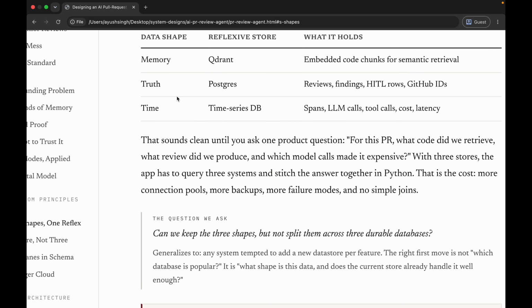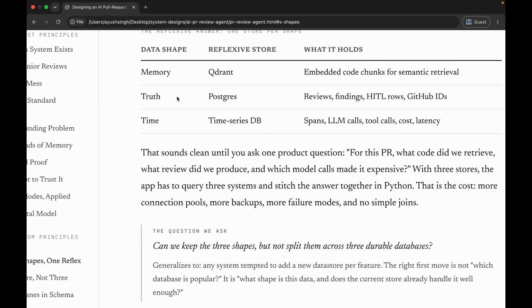The obvious answer you'll think is, okay, which database is more popular? But we don't want the database which is popular. We want the one which contains all three. I don't want just Postgres. I want all three data shapes stored in one database itself.